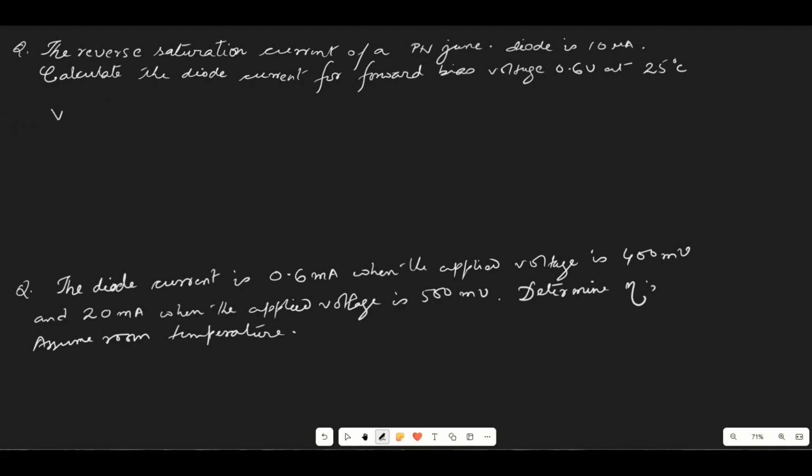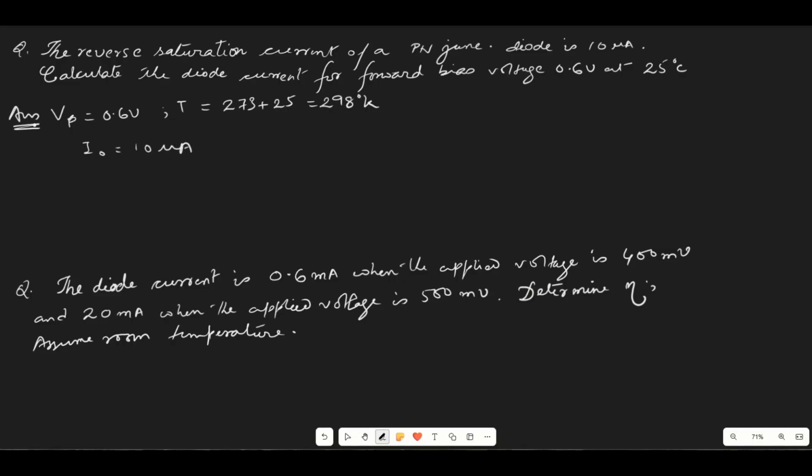So now here the value of Vp is given as 0.6 volt, the input voltage. The temperature is 25 degrees centigrade, so 273 plus 25, which is 298 degrees Kelvin.